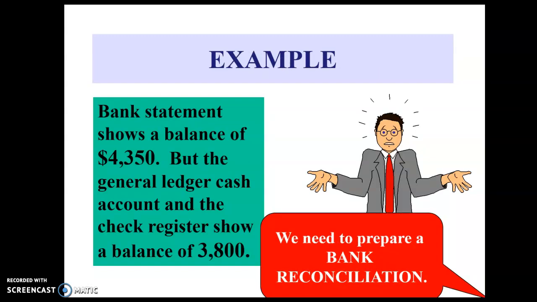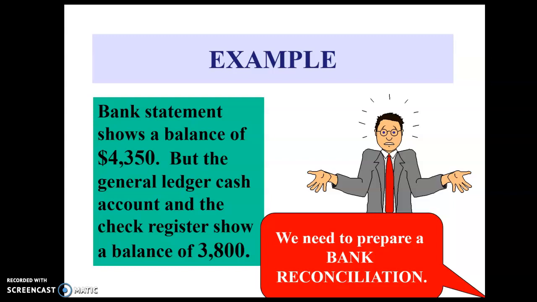So here we're showing a bank statement with an ending balance of $4,350. After deposits were added and checks were subtracted, they came down to $4,350 that the bank thinks is in your account. But when you look in your general ledger cash account and your check register, you show a balance that should be in there of $3,800.